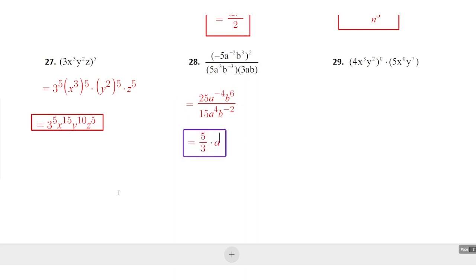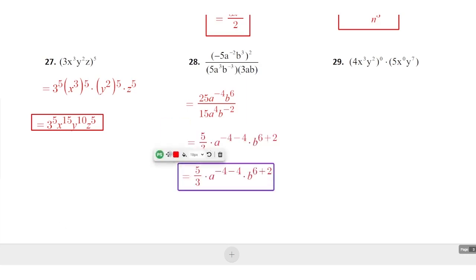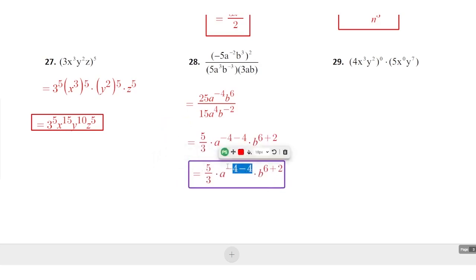Then we have a to the negative 4th minus 4 times b to the 6th minus negative 2, or in other words, 6 plus 2. So here we've got 5/3 times a to the negative 8th times b to the positive 8th power.